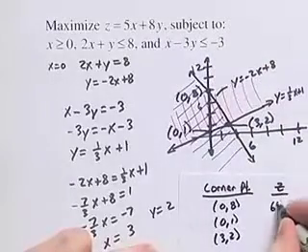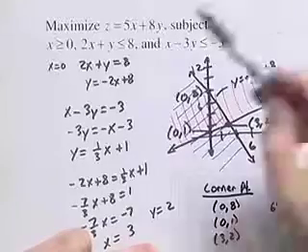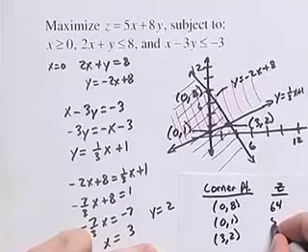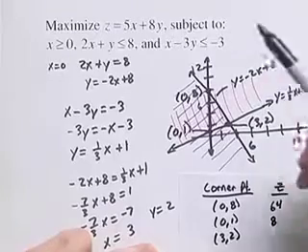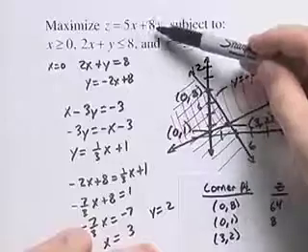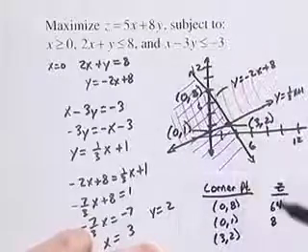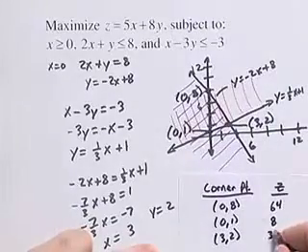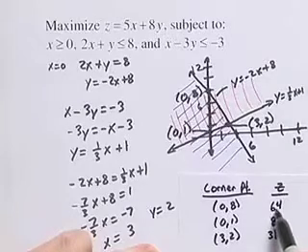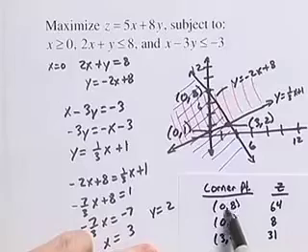That gives us a value of 64. Put in 0, 1, 5 times 0 plus 8 times 1 gives us a value of 8. 3, 2. We get 5 times 3 is 15 plus 8 times 2. So we get 15 plus 16, which is 31. So we can see that the maximum value for our objective function is 64, and it occurs at the point 0, 8.